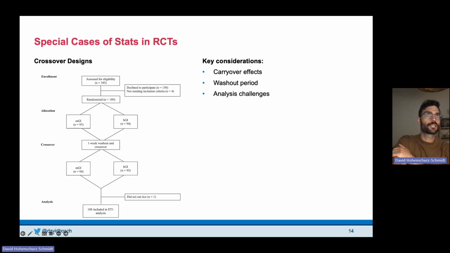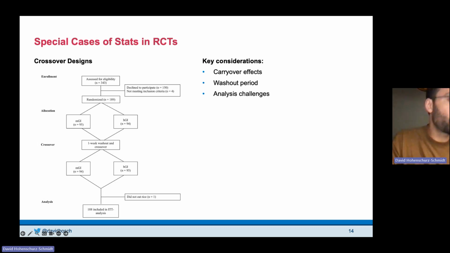There are analysis challenges. Crossover data usually require specialized statistical tests, but often you might find them not appropriately analyzed. Why do you need specific tests? Well, you have correlations within those subjects. These groups aren't independent anymore.